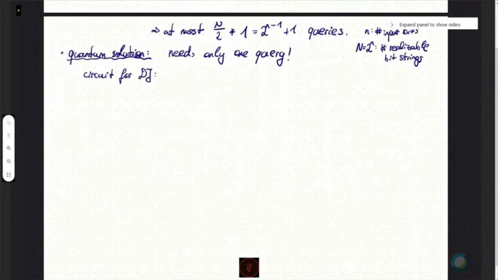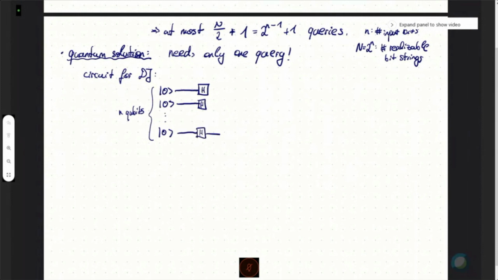So we start, as always, with our qubits in the state 0. And here we have n qubits. Then we apply on each of them a Hadamard gate. What I told you yesterday: almost always we start by applying Hadamard gates to all qubits in the beginning to get the superposition of all states.